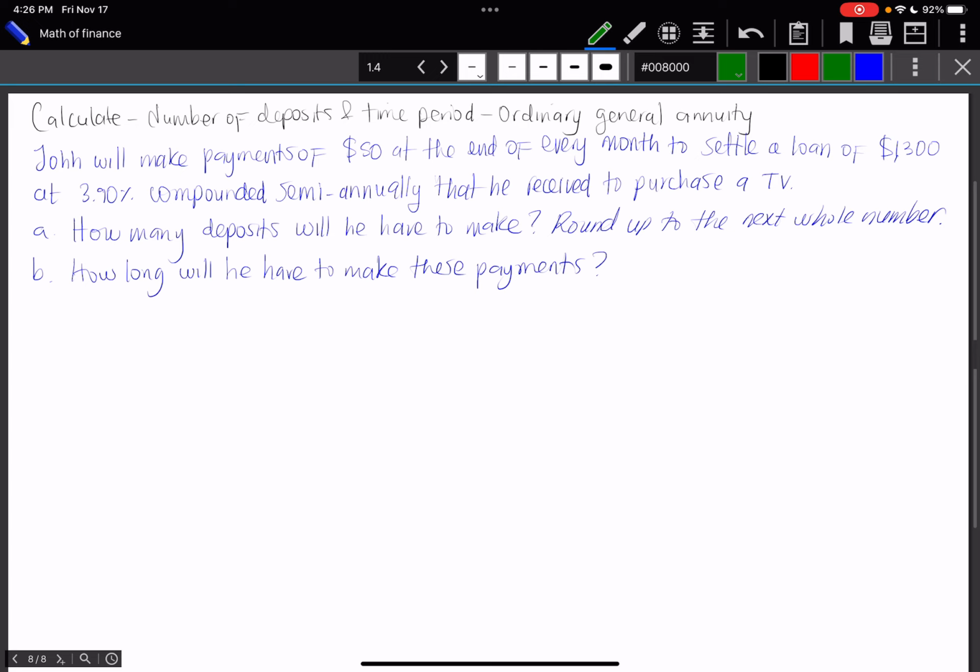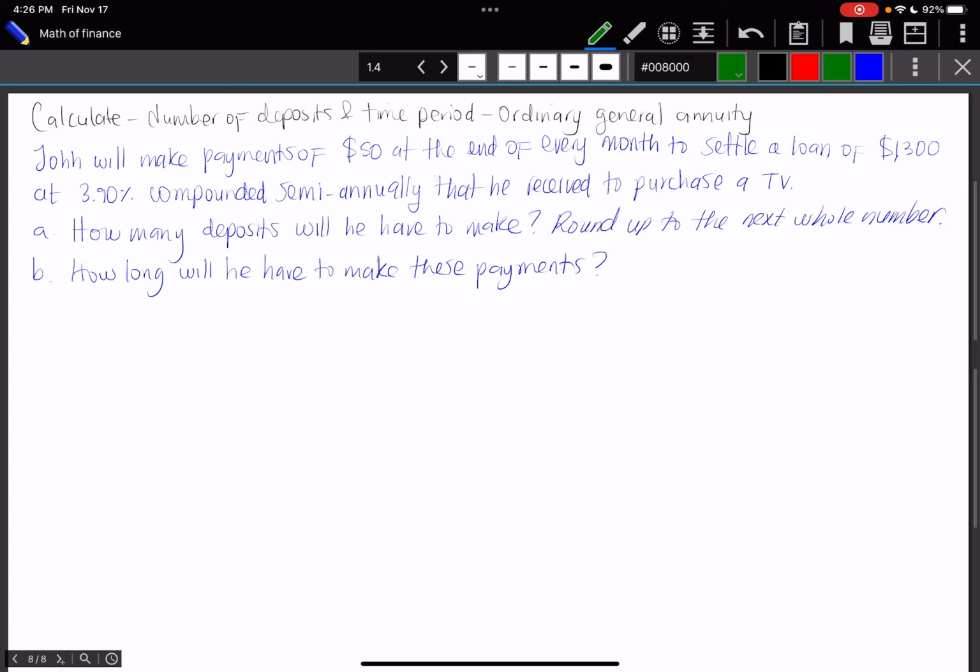So we have a mismatch between the compounding period and the payment period. Because we have a general annuity, not a simple annuity, we need to work with an equivalent periodic interest rate. So let's work with that.